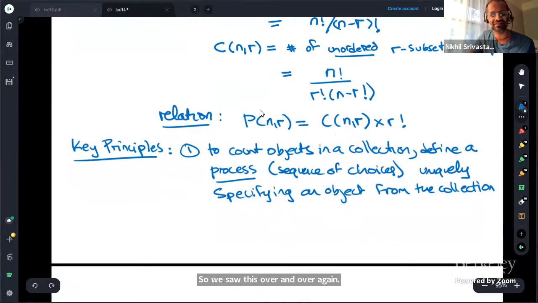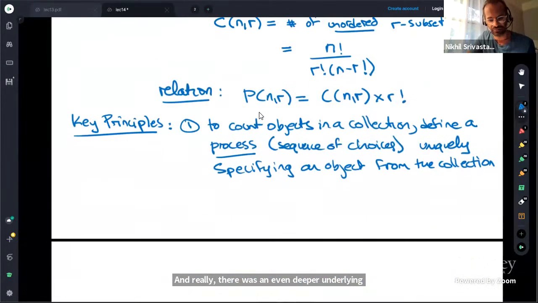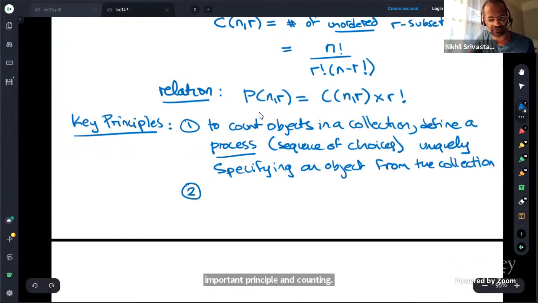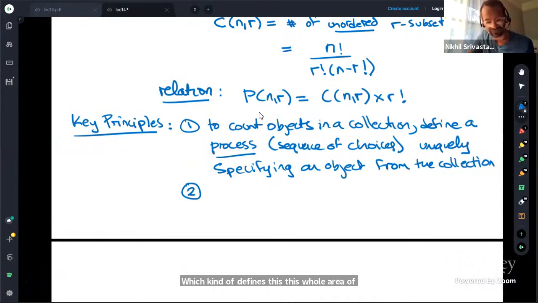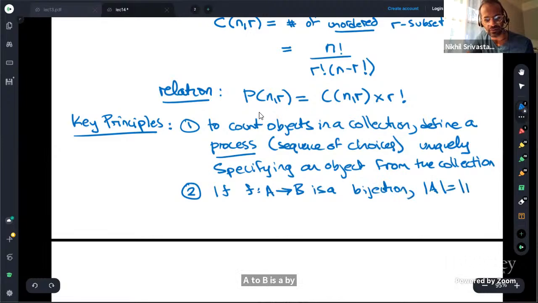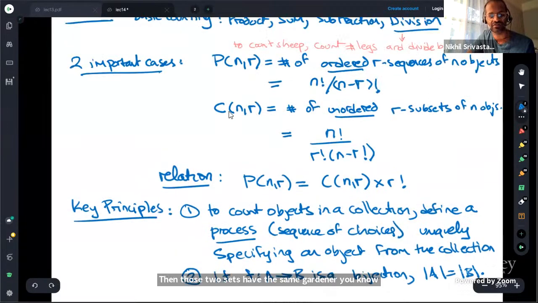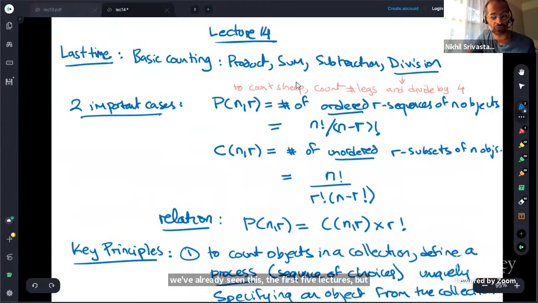And really, there is an even deeper underlying principle, which is in some way the single most important principle in counting, which kind of defines this whole area of math. And that is the fact that if you have two sets and you have a bijection, they have the same cardinality. So if f mapping A to B is a bijection, then those two sets have the same cardinality. Now, we've already seen this in the first 5 lectures, but really this is what underlies all these counting rules.